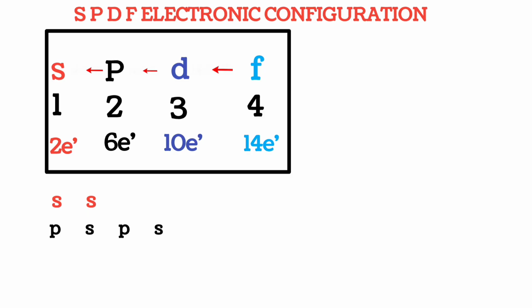We begin with letter D. We have seen that there's an arrow pointing from letter D to letter P. We begin from D, come to P. Are we ending at P? Of course not. There's still an arrow pointing from P to S. So the next series of orbitals we'll be having is DPS. I repeat, DPS.